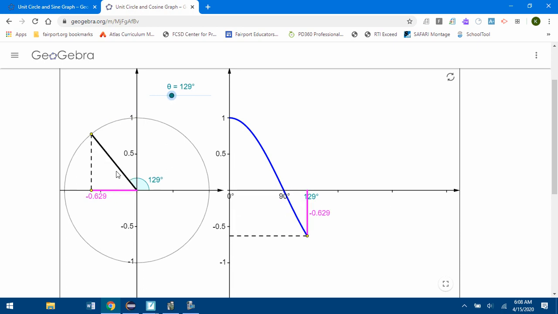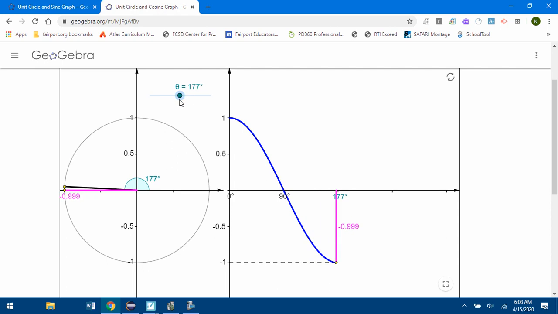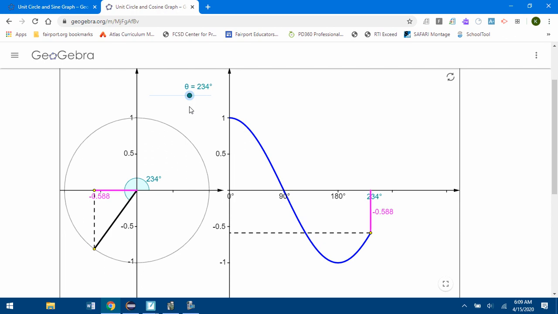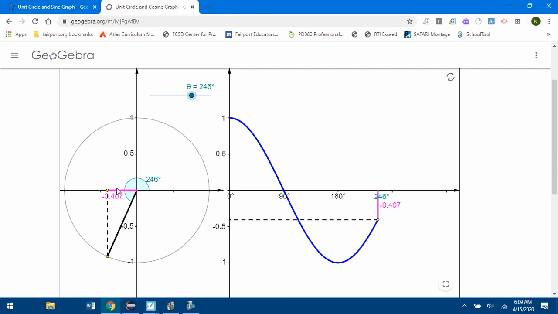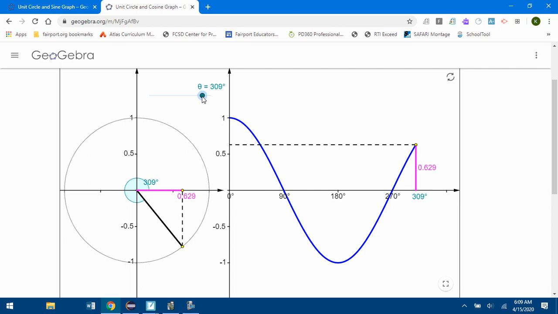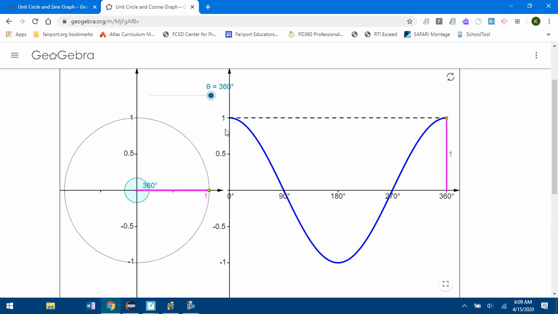As I go around here, these are negative x values, which is why I'm below the x-axis to negative 1 at 180. Once I go past 180, I get closer and closer to an x value of 0 again. And then after that, my x values are positive because I'm on the right again, all the way to 360. So it's got that curvy shape just like sine did because it is going around the circle, so not jagged.